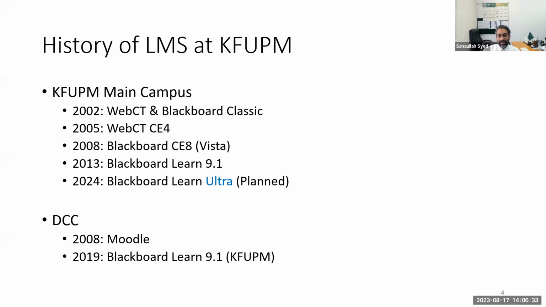The plan is to have Blackboard Learn Ultra in 2024, next year. Similarly, DCC had Moodle earlier, but they switched to the main KFUPM Learn 9.1 in 2019. So this is a brief history of the LMS at the university.